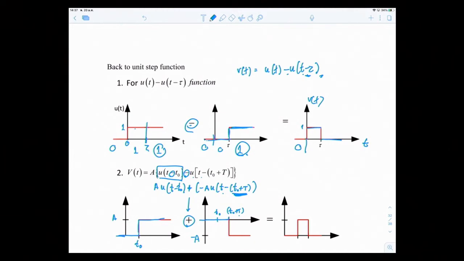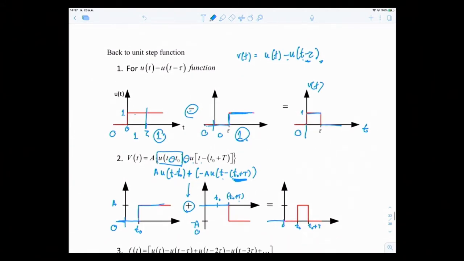So for t less than 0, the value is 0. This is 0, this is t0, this is t0 plus T. Then between 0 and t0, this function is 0, so 0 plus 0 is still 0.